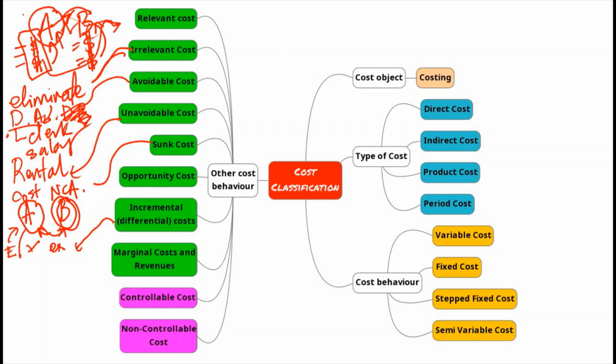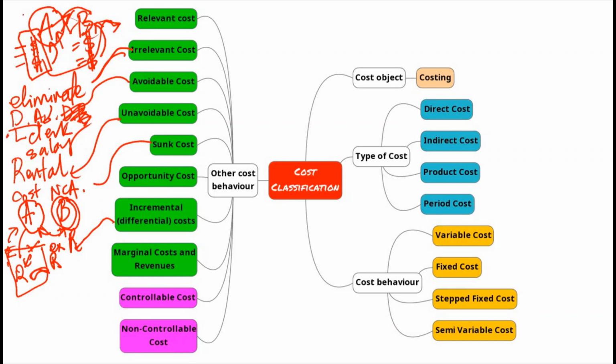If I were to produce product A, how much revenue am I going to create? Which one is more? Can I create more revenue by producing product A, or by producing product B? That is what we call incremental. So this is a group of additional units.